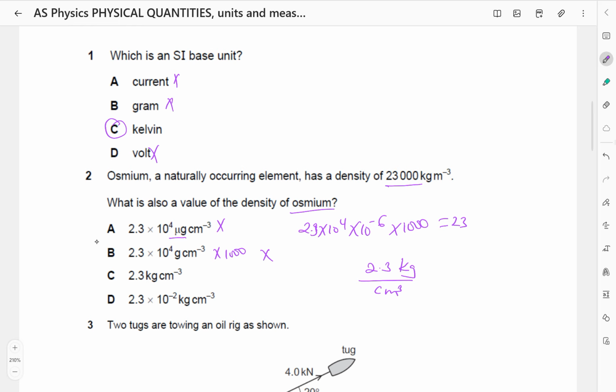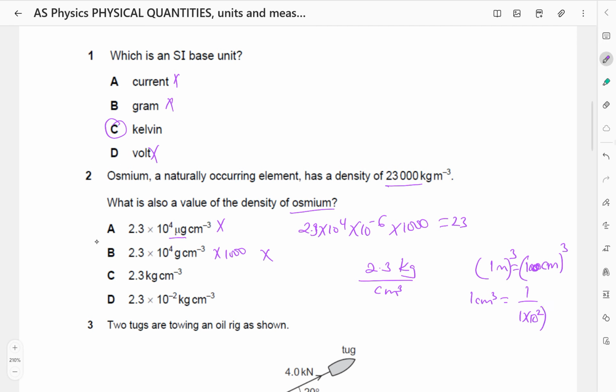I want to change from centimeters cubed to meters cubed. 1 meter is 100 centimeters, not 1,000. So if I want 1 meter cubed, I'll raise this to power 3, 1 times 10 power 2.